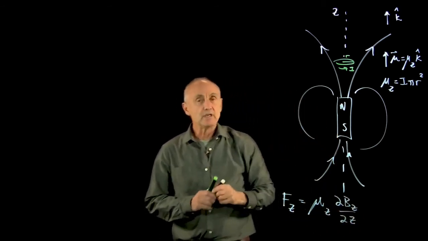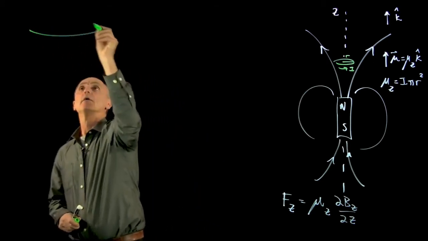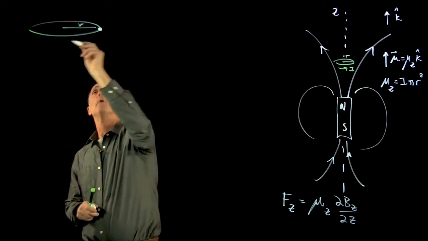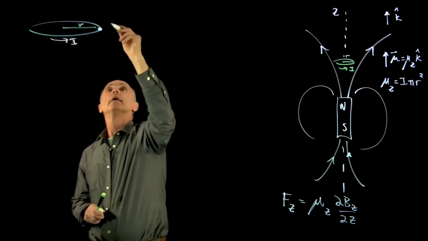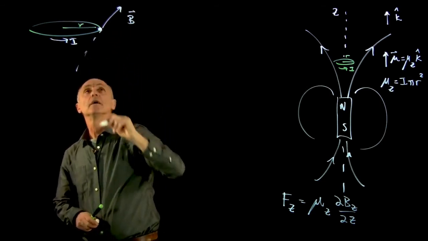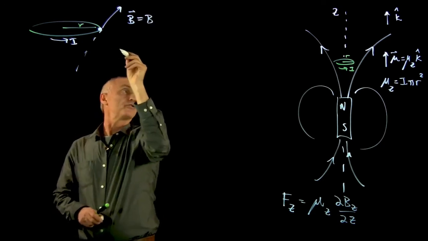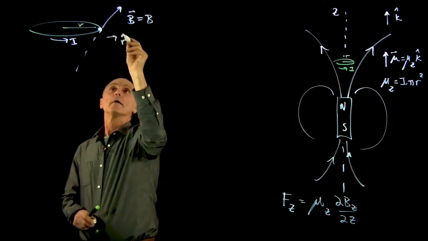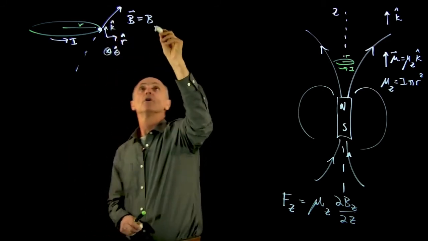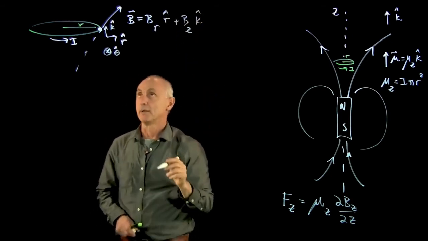Now, how do we derive that? Let's blow up our loop for the moment and call this the radius r. At a point here on the loop, we have a current I, and our field line B is pointing like that. Here I'm going to use an r hat, theta hat, and k hat coordinate system, so the field has a radial component and a component in the vertical direction.